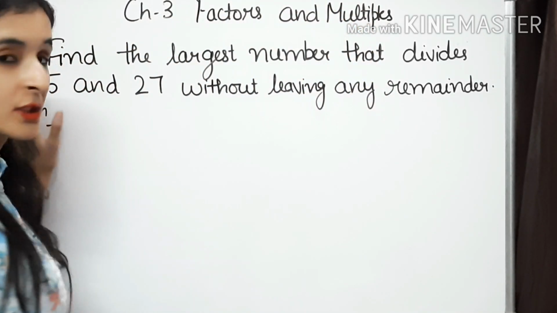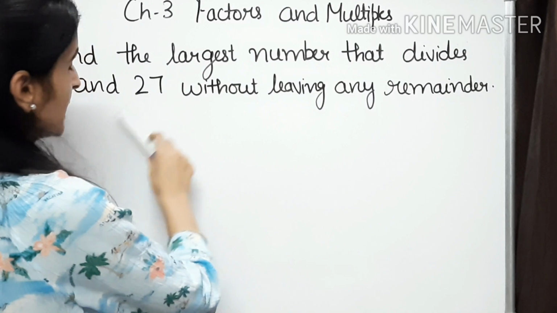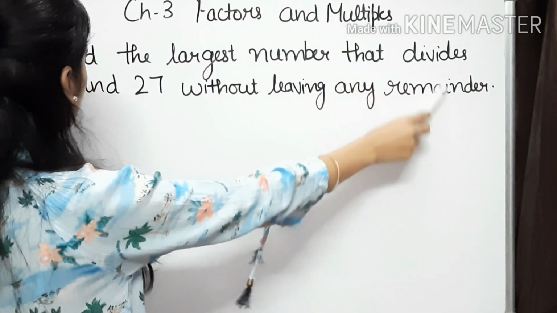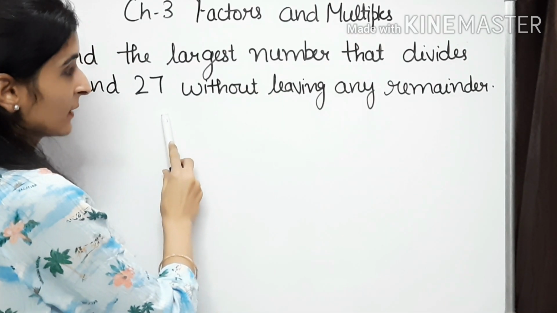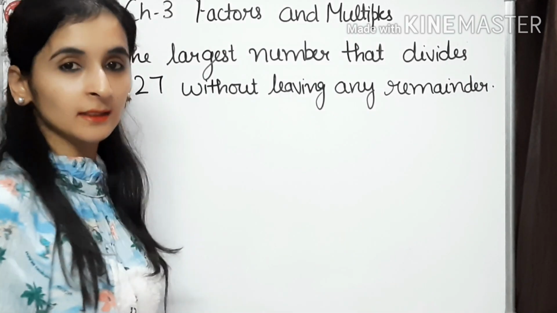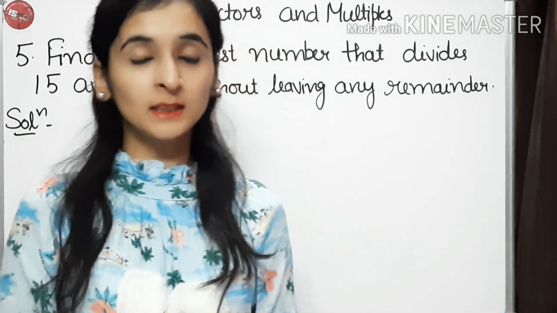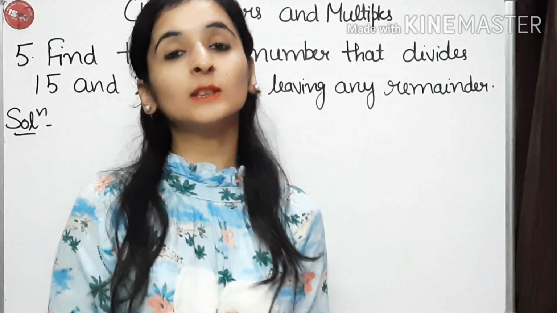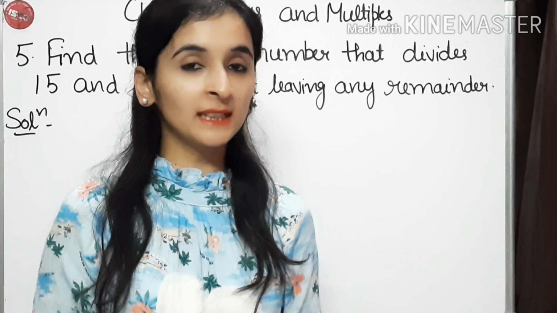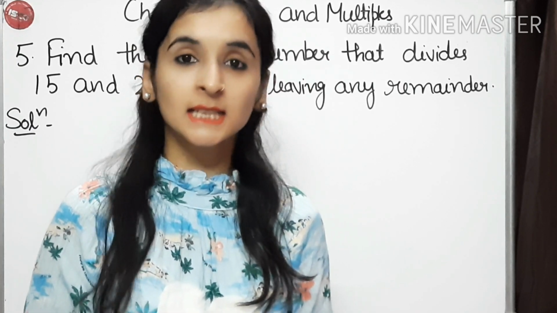So question number 5 is: find the largest number that divides 15 and 27 without leaving any remainder. So children, as we all know, HCF is a number which divides the given two numbers exactly. Exactly means without leaving any remainder.